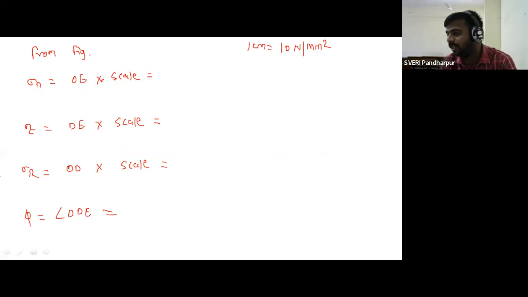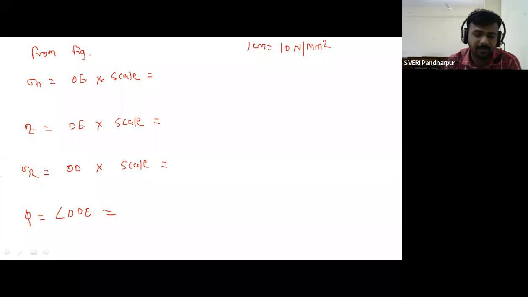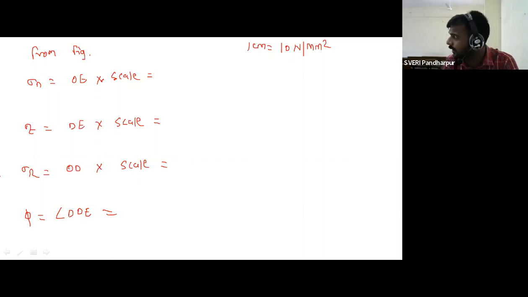What is your OE distance? 9. Okay, 9. Any another answer? Measure the O to E distance for the sigma n calculation. Nine centimeter. Correct. Everyone have got 9 centimeters. What about others? Send your answer in the chat box.